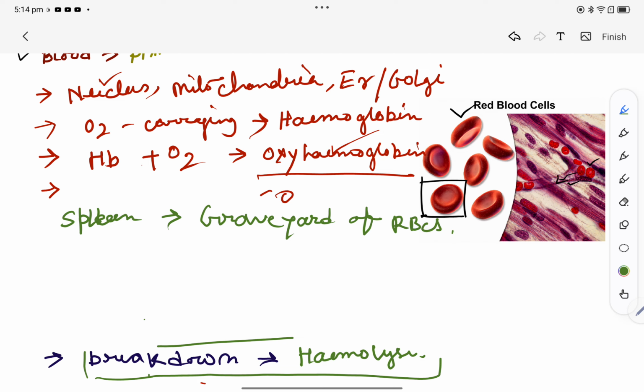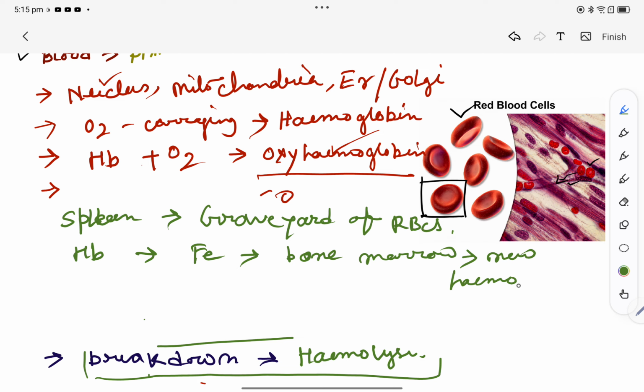Now once the RBCs, that is erythrocytes, are broken down, the iron part present in hemoglobin goes back to the bone marrow to form new hemoglobin.